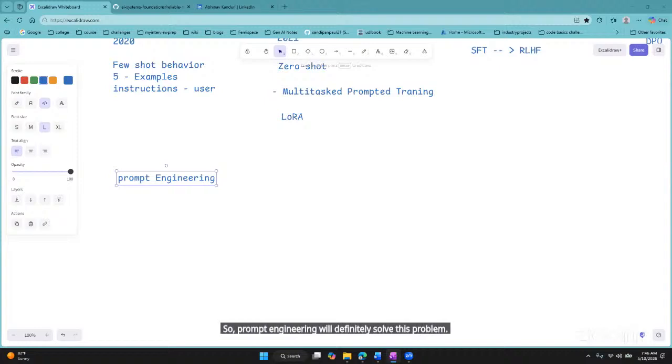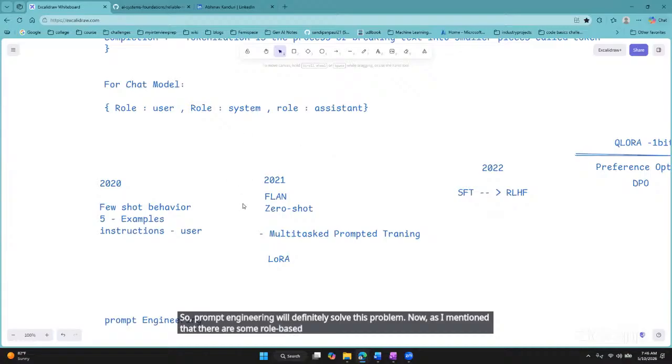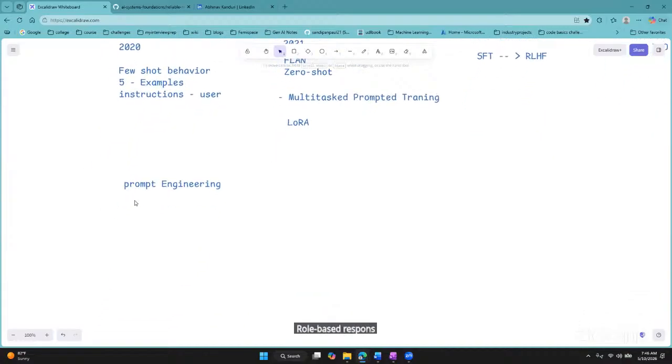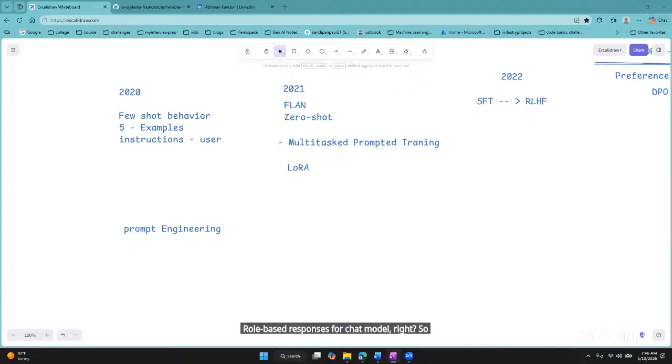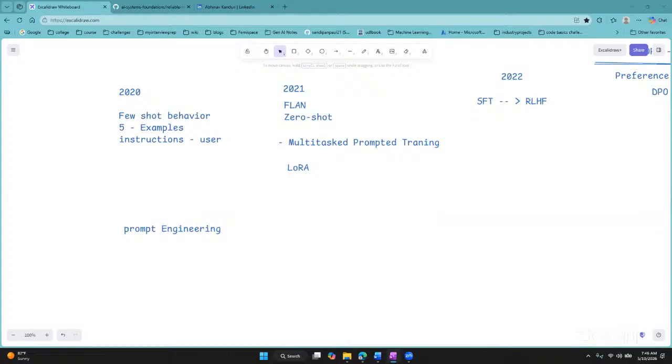Now, as I mentioned, there are some role-based responses for chat models. Any language model has something called system prompting. System prompting will help with how to behave, when to act and what to act. You need to provide those clarifications while sending the prompt to a language model.